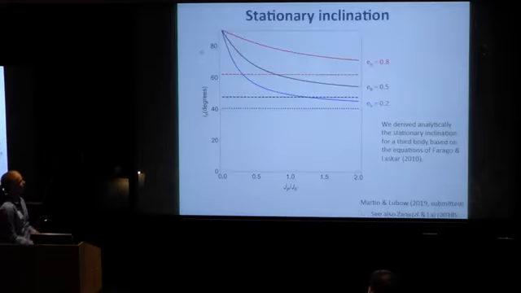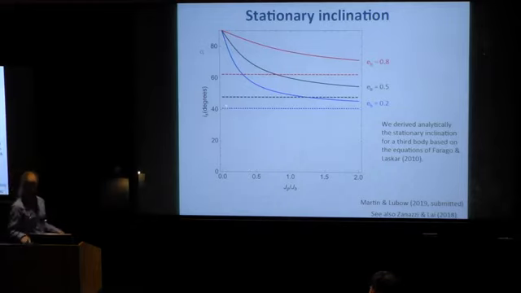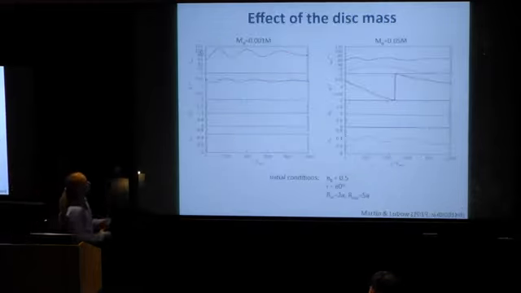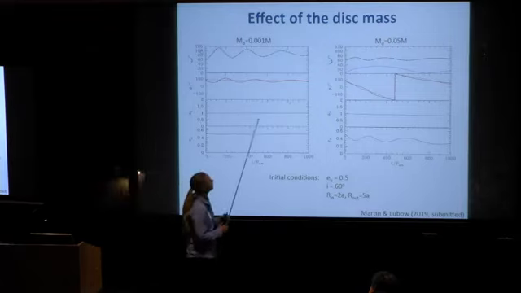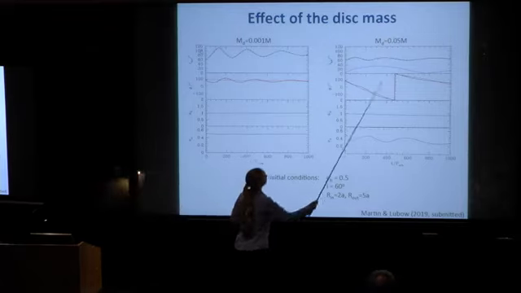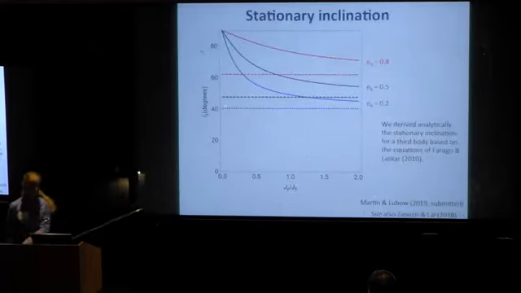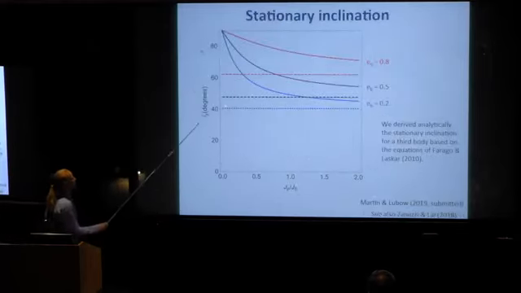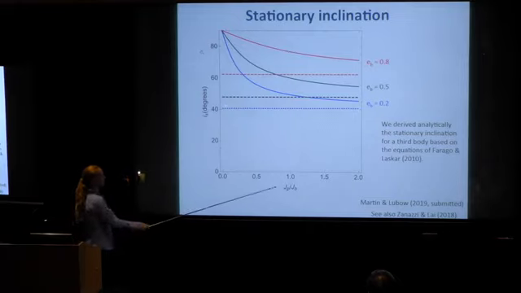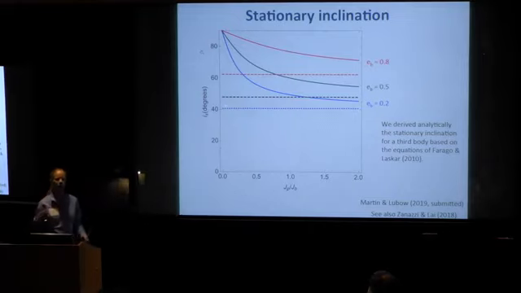So we calculated analytically this stationary inclination. By stationary inclination, I mean the inclination that this would align to over time. This shows this inclination as a function of the ratio of the angular momentum of a third body compared to the binary.